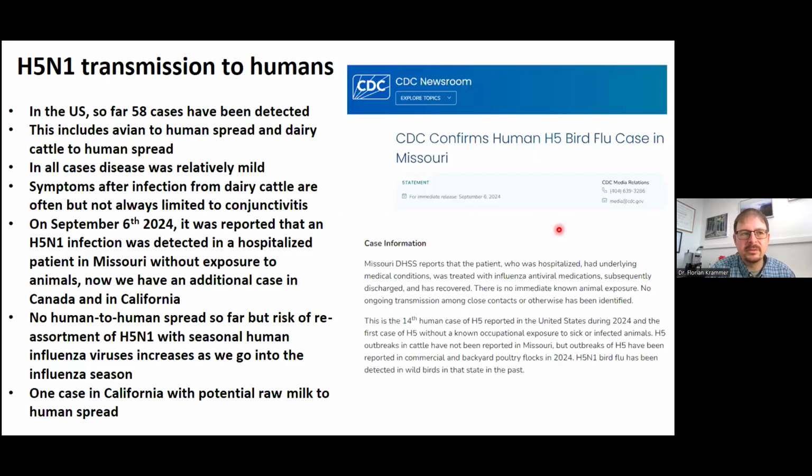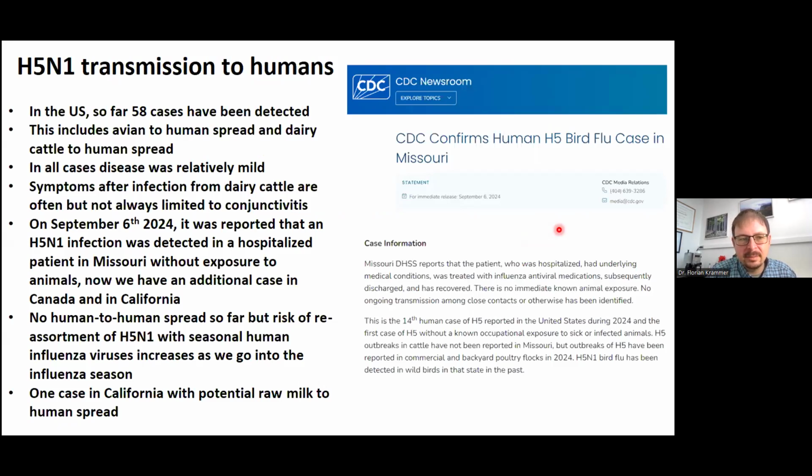And with that, we have also seen more and more human cases in the US. Right now, we're up to 58 cases. Most of these cases were relatively mild so far. There are some exceptions, and most of them could actually be linked to exposure to infected cattle or exposure to infected birds.